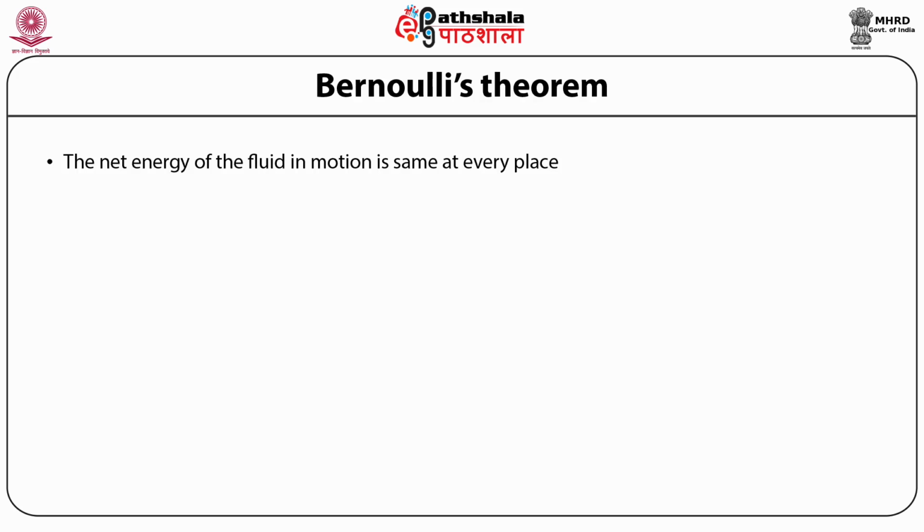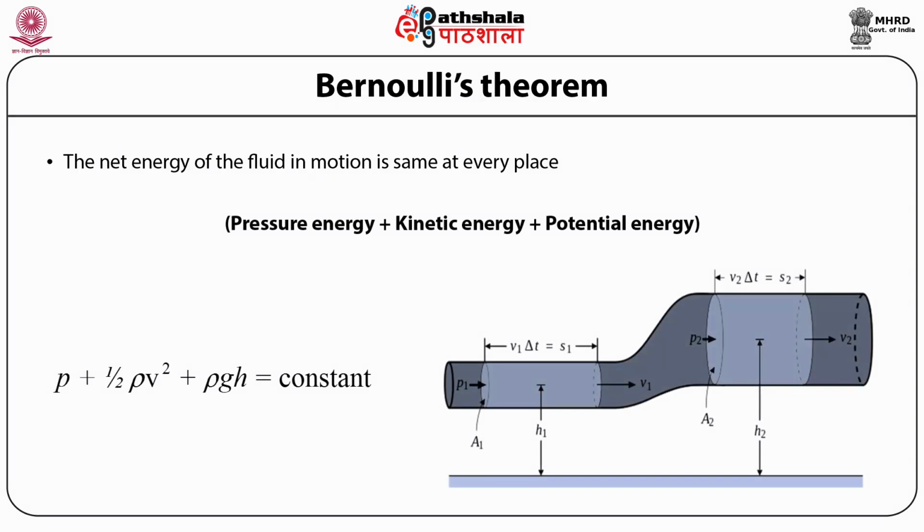So what kinds of energies can the fluid have when it is flowing through some tube or container? It has the pressure energy plus the kinetic energy plus the potential energy. The sum of all these energies has to remain constant throughout the whole fluid.